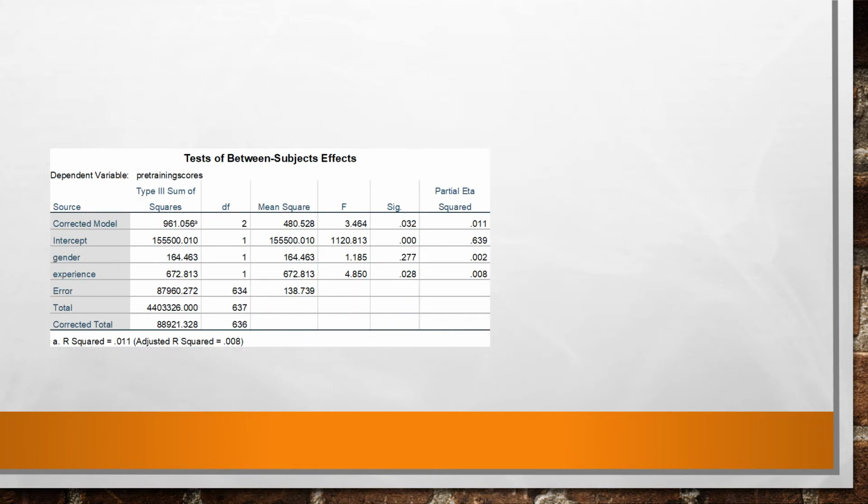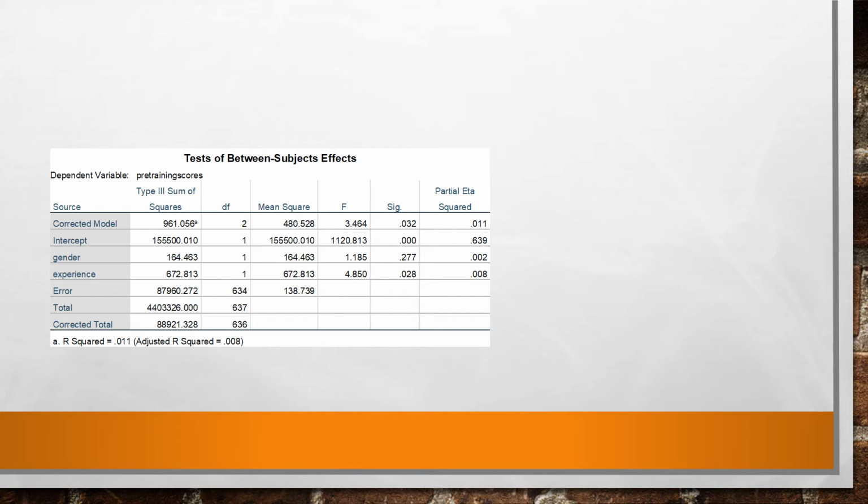In these next few slides, I decided to break down or split up the independent variables, the fixed factors, which are gender and staff type, and ran them against the dependent variable, which is the pre-training scores, and the confounding variable, which is the years or level of experience.